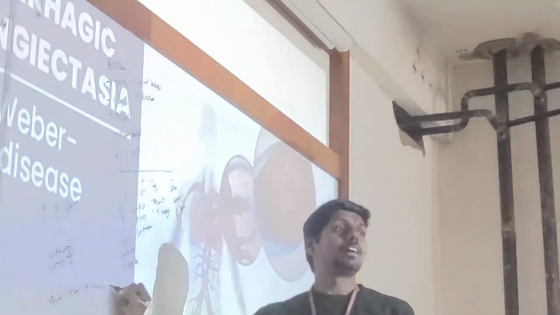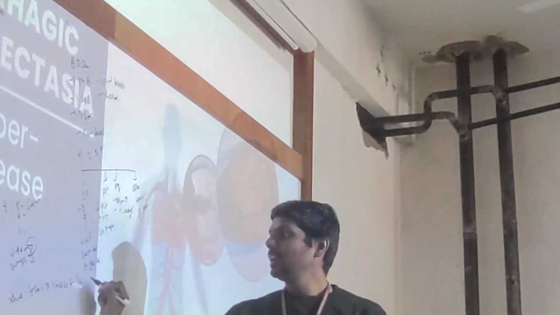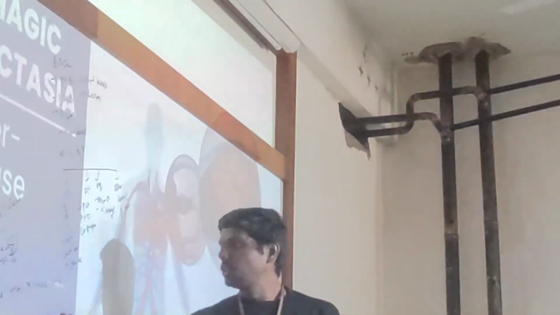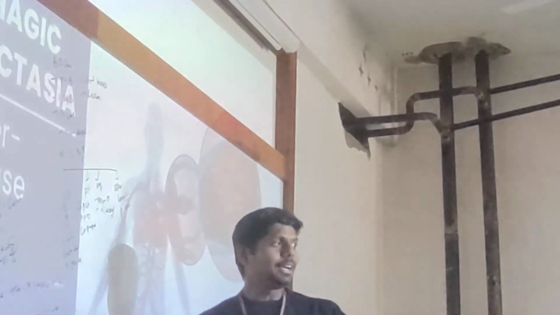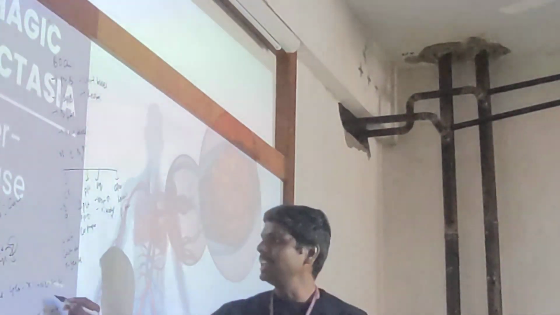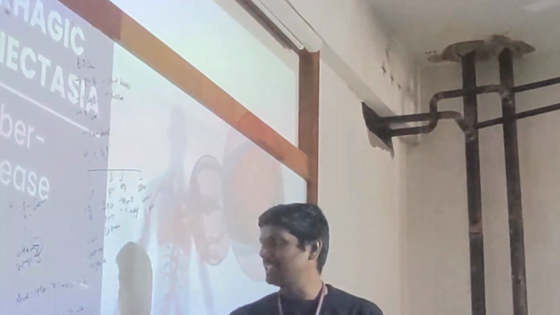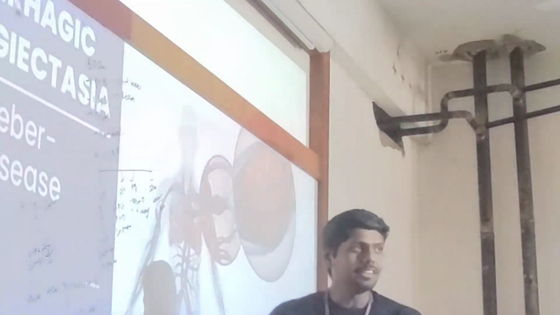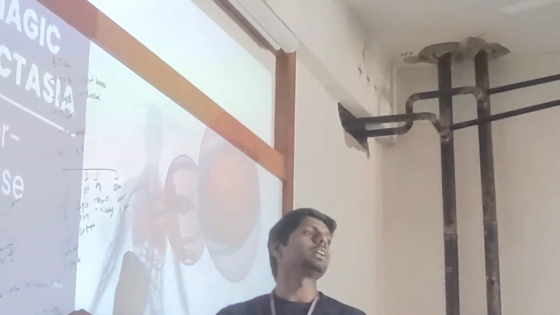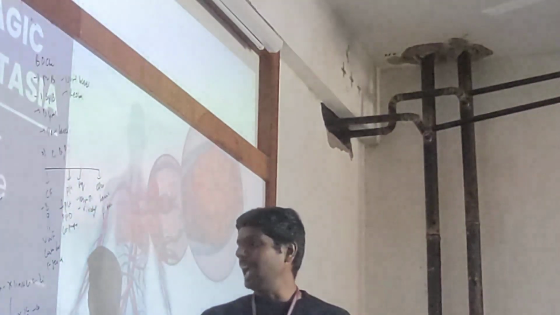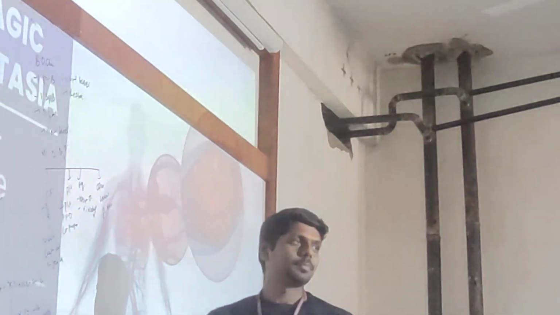X-linked recessive disorder. When we say recessive, 2 recessive genes are required to get a condition. But another interesting thing: since this is X-linked, women will be affected only when they have 2 recessive genes.